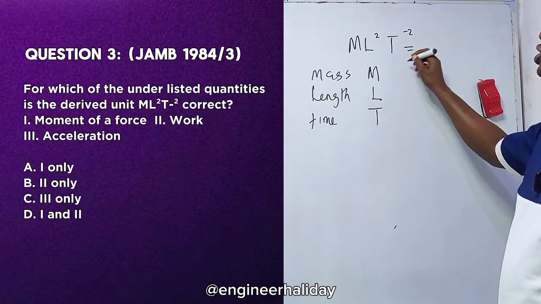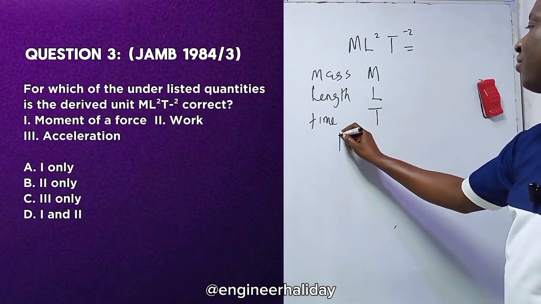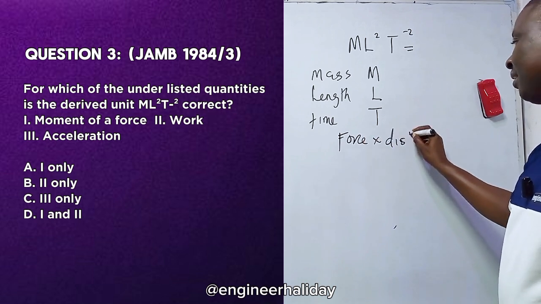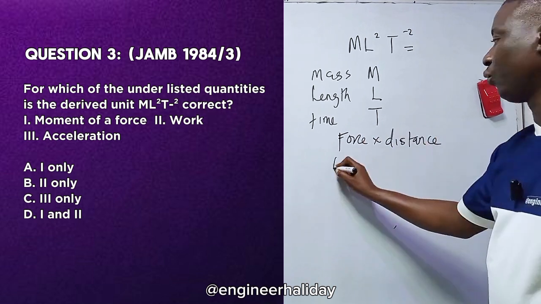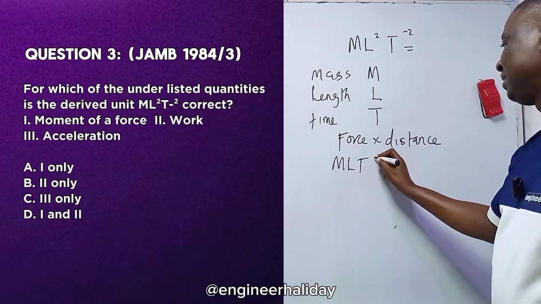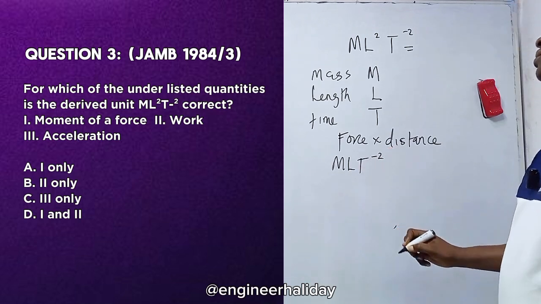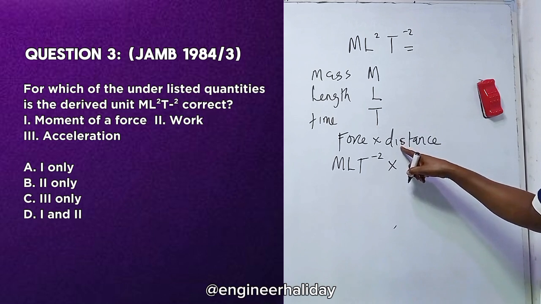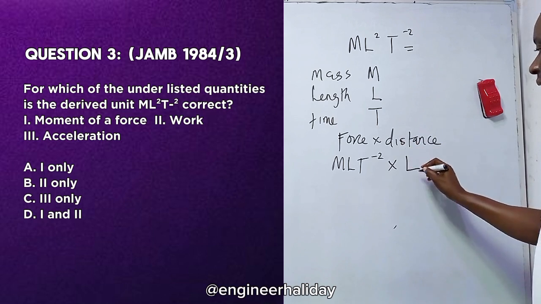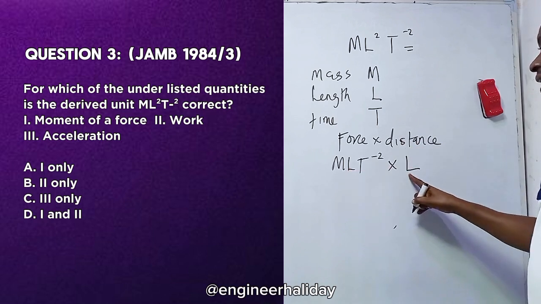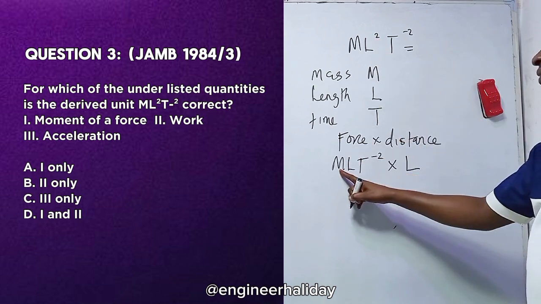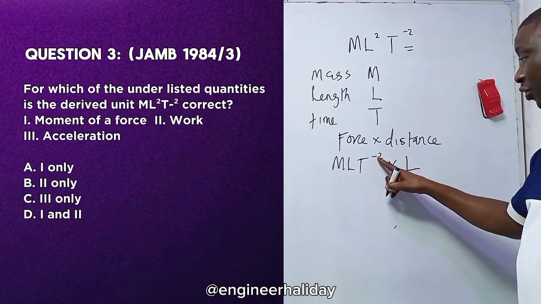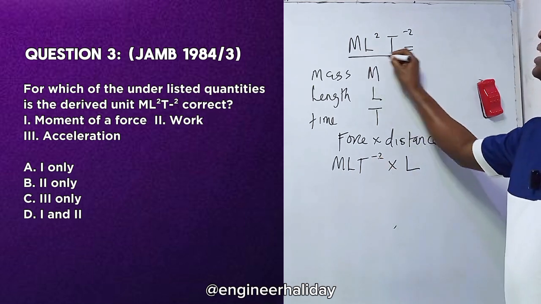So this one should be equal to force times distance. What is force? Force is ML T minus 2. That is force for you. Then the dimension for distance is L. So L times L is L square. So ML T minus 2 times L gives ML square T minus 2. Exactly this.